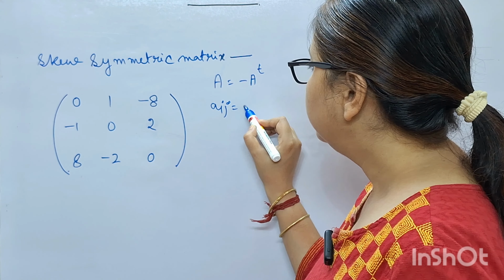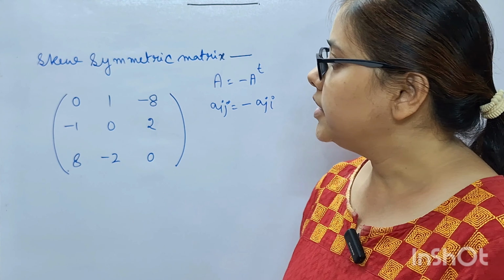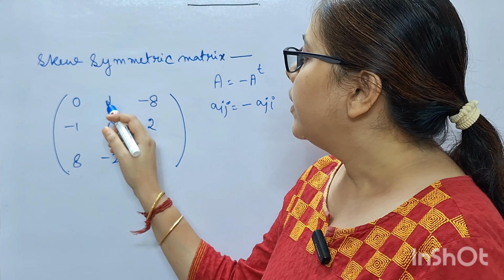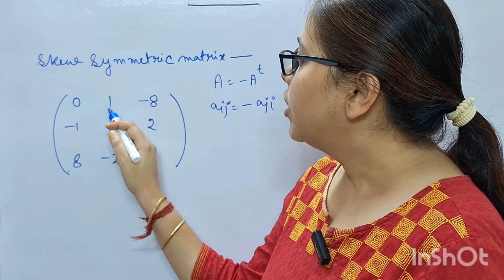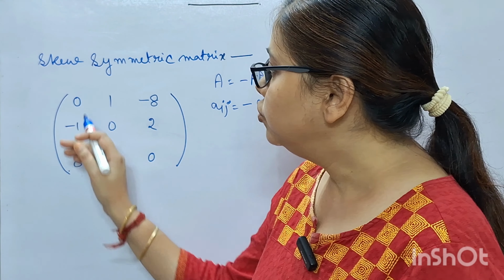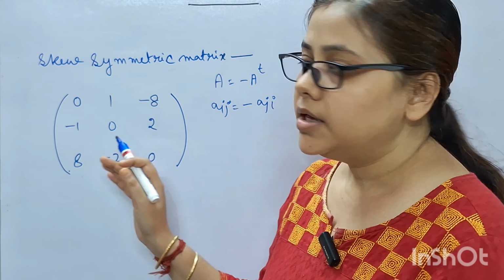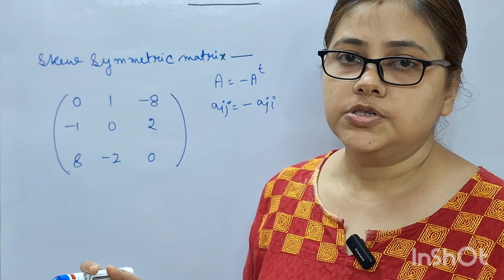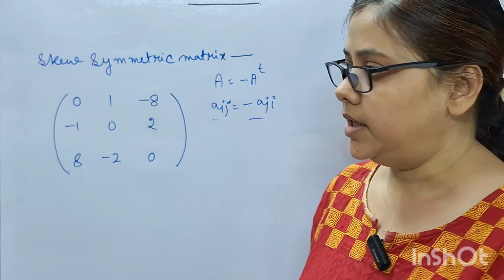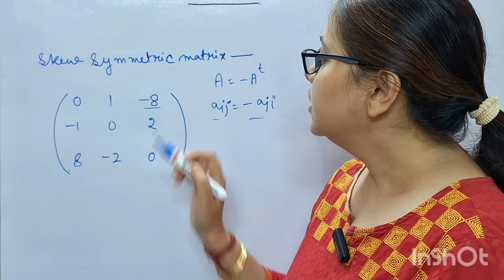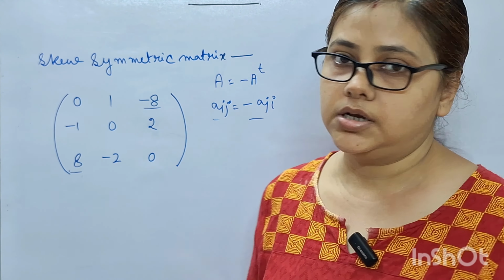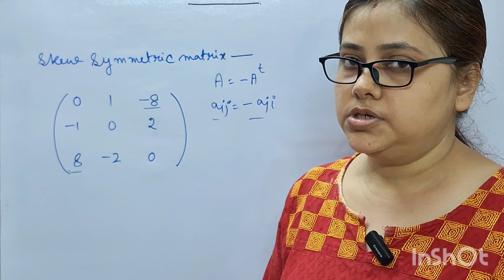So this is an example of a skew symmetric matrix, and if you notice, the element in the 1, 2 position and the element in the 2, 1 position are equal in magnitude but opposite in sign. That is, Aij equals minus Aji. Similarly, the element in the 1, 3 position and the element in the 3, 1 position are equal in magnitude but opposite in sign.